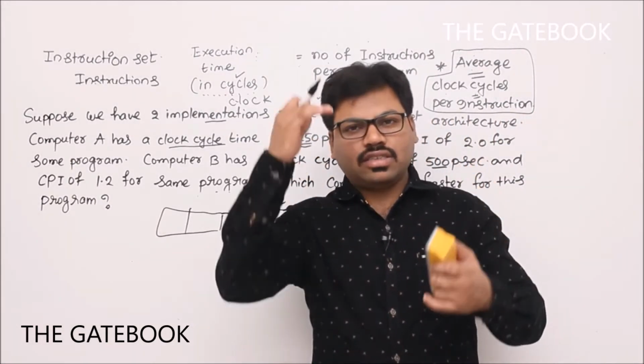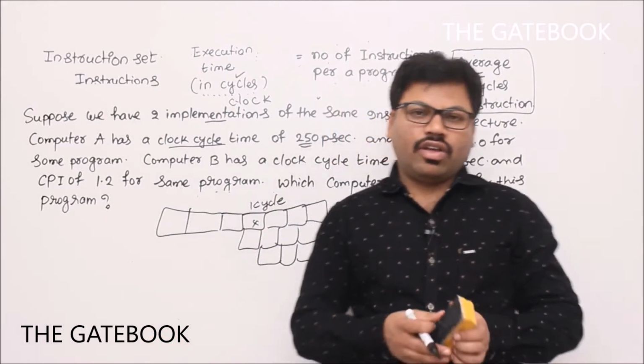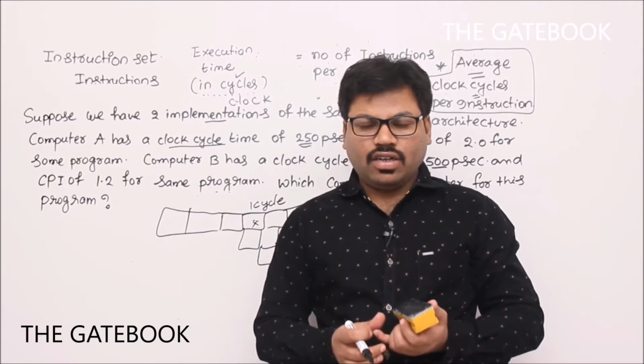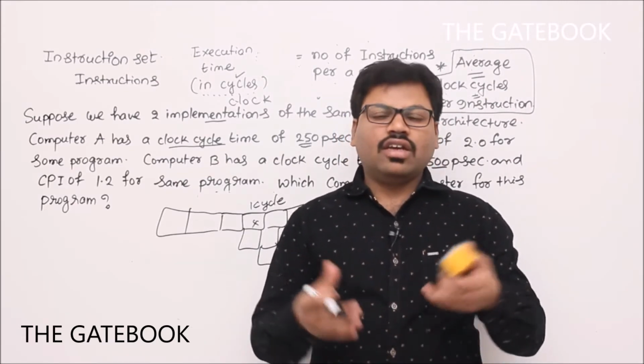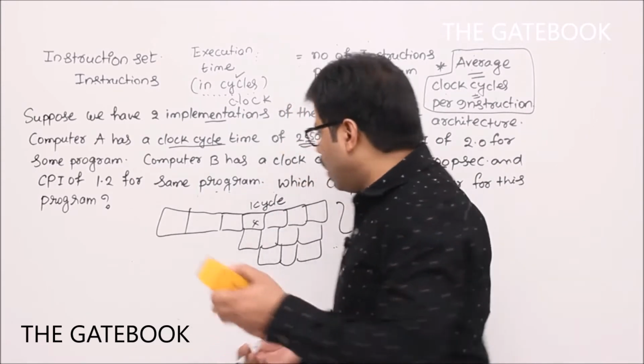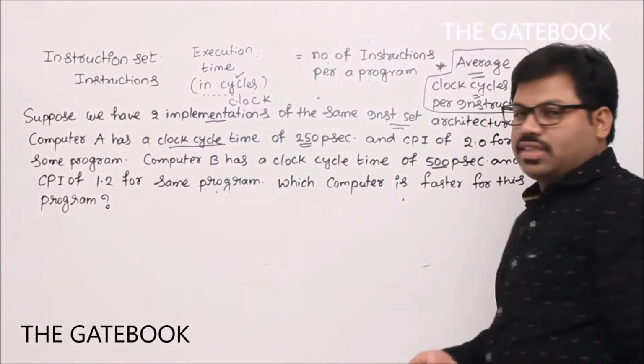If the pipeline is going full-fledged, CPI for an instruction is 1. Now if I change the architecture so that one instruction takes 3 clock cycles, another takes 4, then the average will be different, right? So there are various ways we can change the clock cycles per instruction.